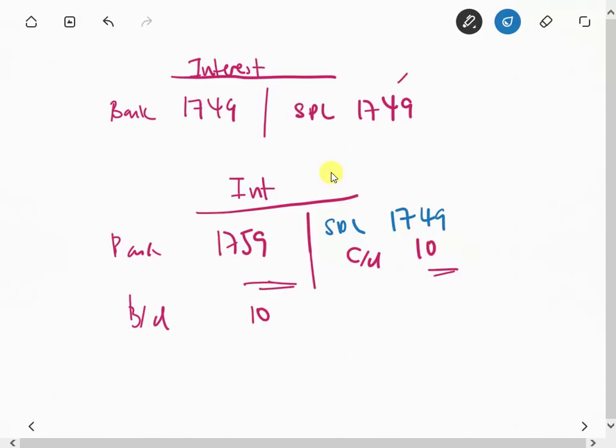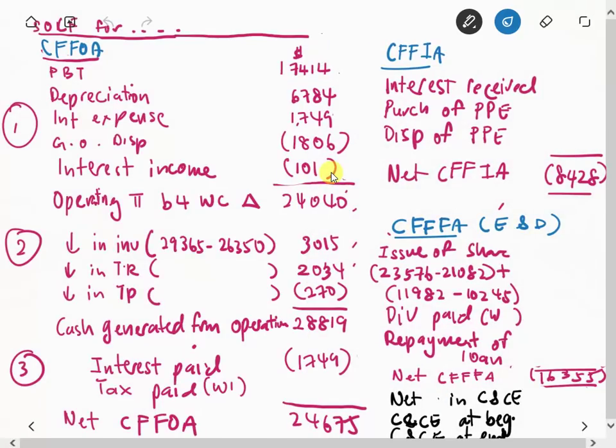Yes. And as a result, I got closing balance. If there's no opening, no closing balance, SPL and bank paid same. So if got opening, got closing, open T account, show working. Otherwise, 1749, same.